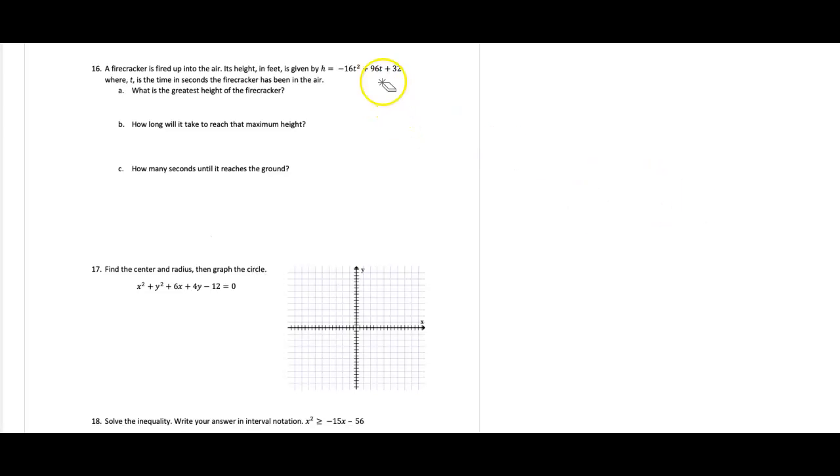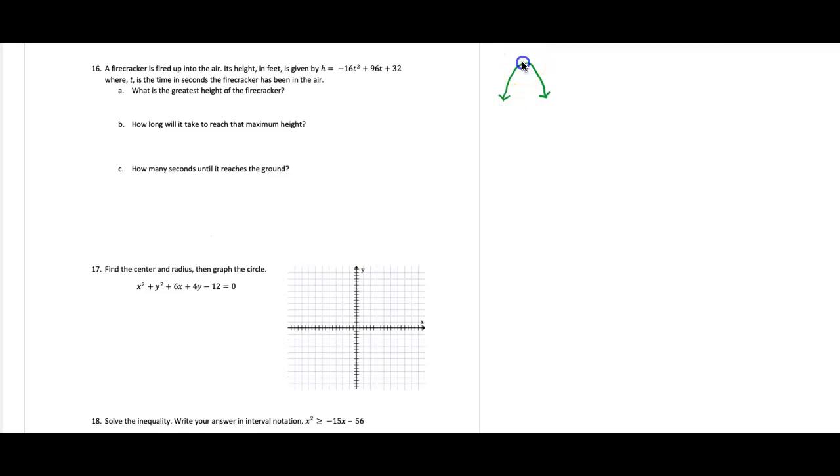So let's think about this. Hopefully, in that Desmos activity that you did, you got used to understanding that when that first coefficient is negative, I have an upside down parabola.